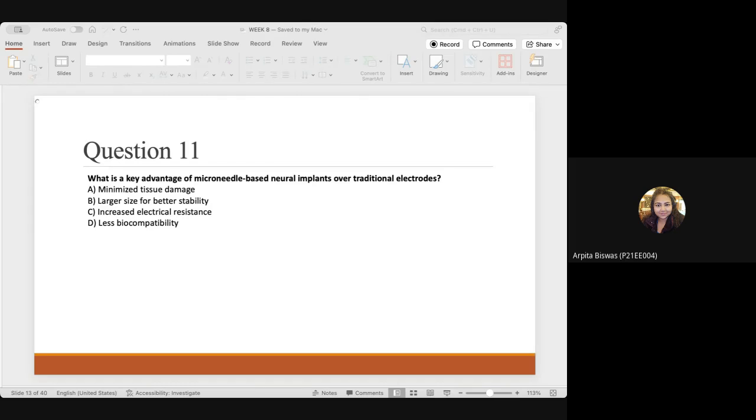The right option is option A, minimize tissue damage.